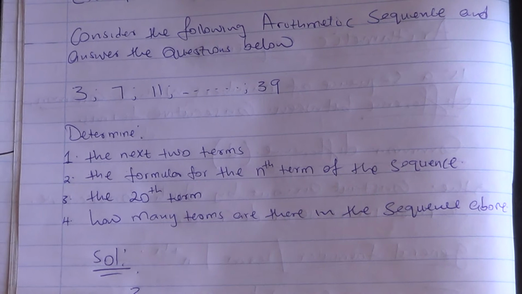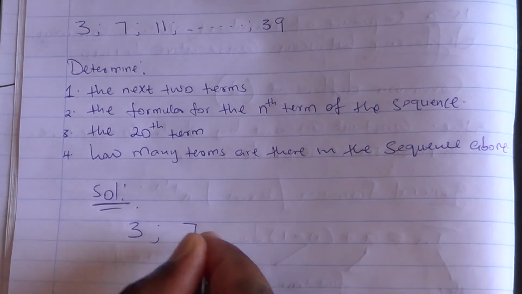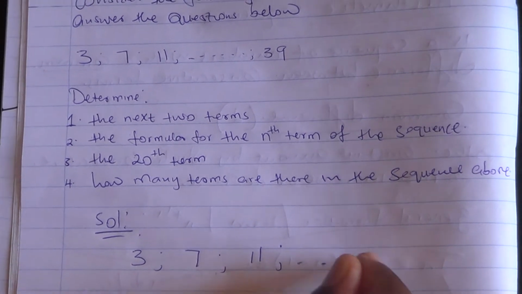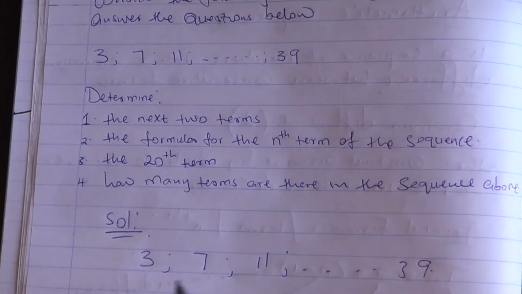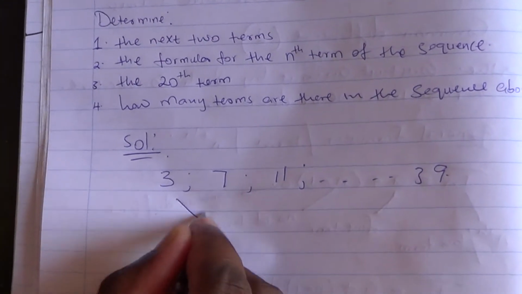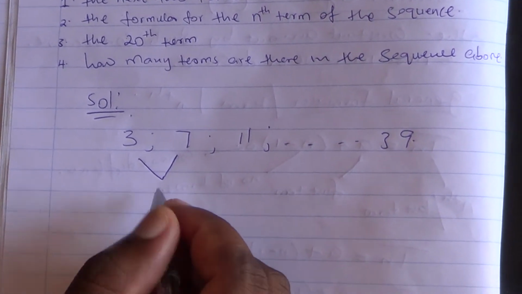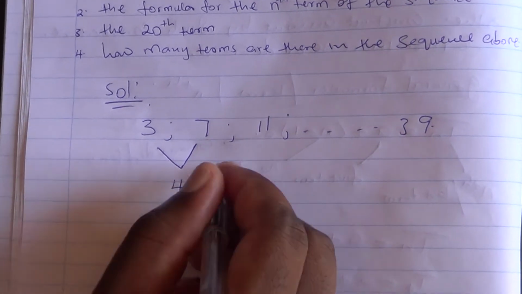We're having 3, 7, 11, and then the last one is 39. Alright, look at this one. What are we having here? The common difference is what? 4.